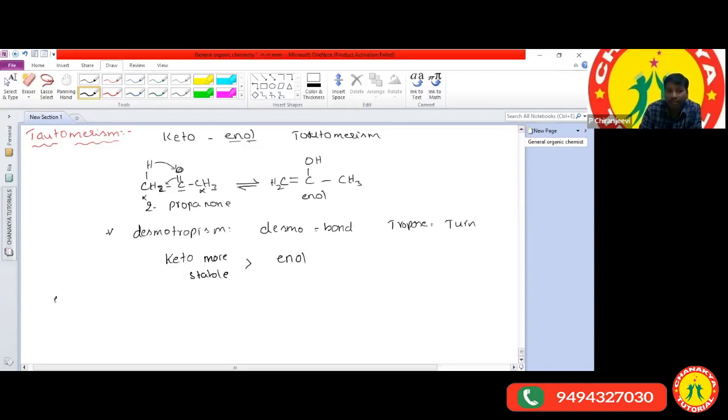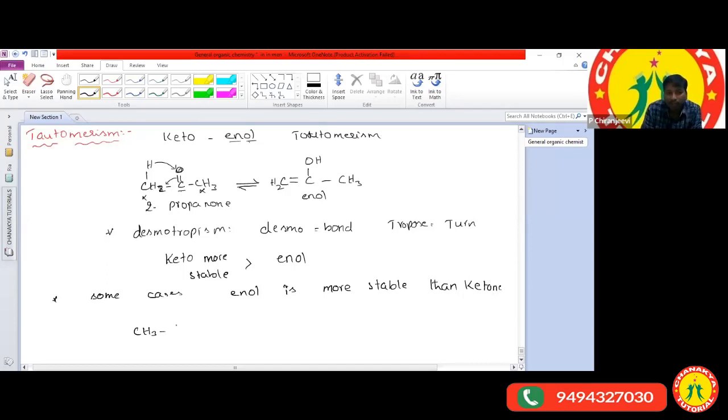Sir, here also one exception case is there. In some cases, enol formation is more stable than ketone. Okay, sir, what is the example for that?